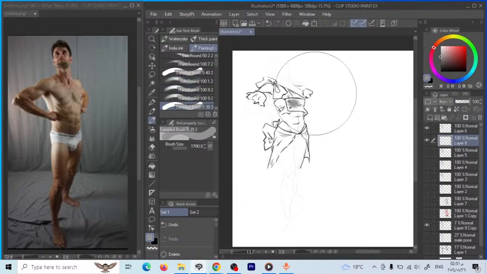Again, I'm only using the round brushes, just the round brushes.